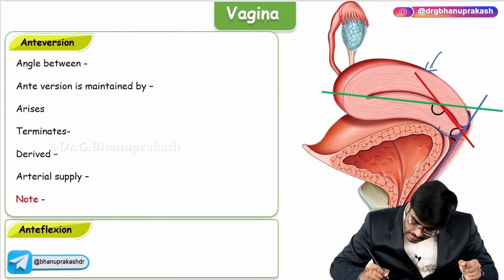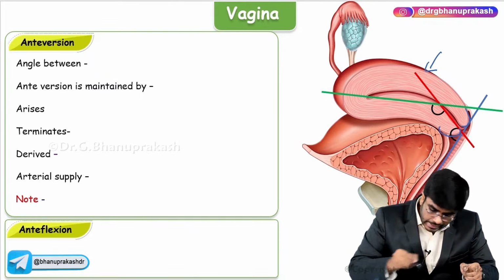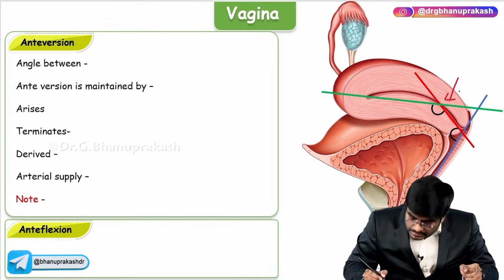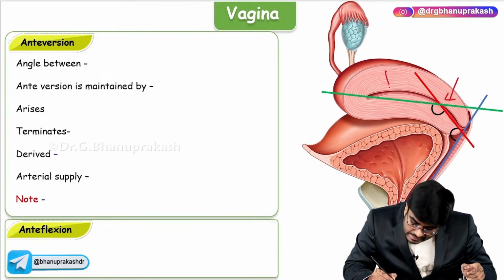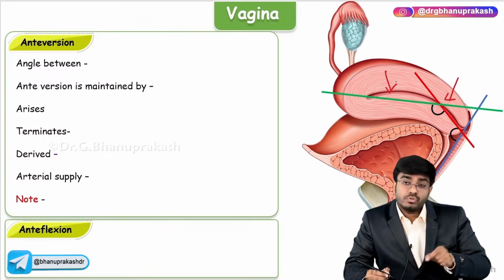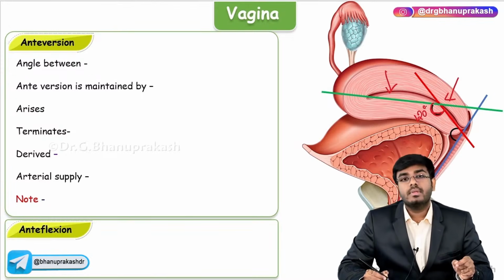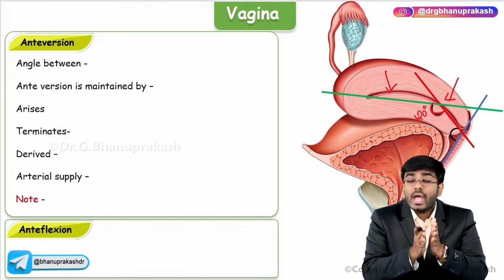So how much, guys? This red color line which I am showing you right now is the axis of the cervix and this green color line is the axis of the uterine body. Now they are angulated. How much? Almost 120 degrees.